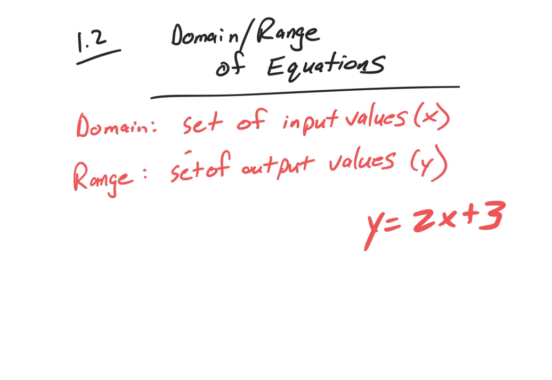So if I wanted to generate a set of ordered pairs or a table of values for this, I could plug a number in for x, like let's say 0. 2 times 0 is 0, 0 plus 3 is 3. So my input is 0, my output would be 3, and that would be an ordered pair, (0, 3). And then we could plot that ordered pair. So we put something in, we get something out.